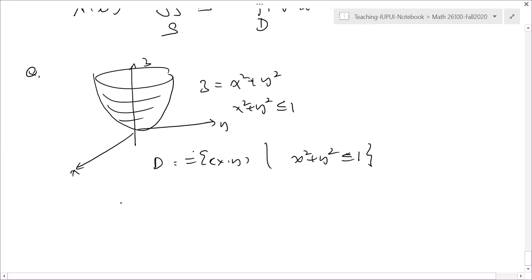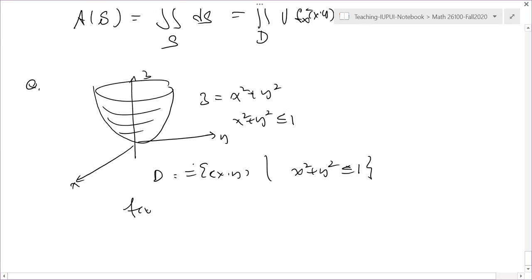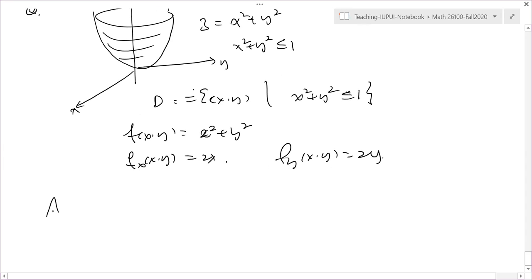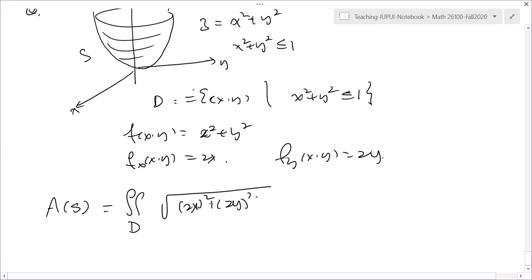The partial derivatives: fx is 2x, fy is 2y. So the area of this surface is going to be the double integral over this disk of the square root of 2x squared plus 2y squared plus 1 dA. This is just a double integral.